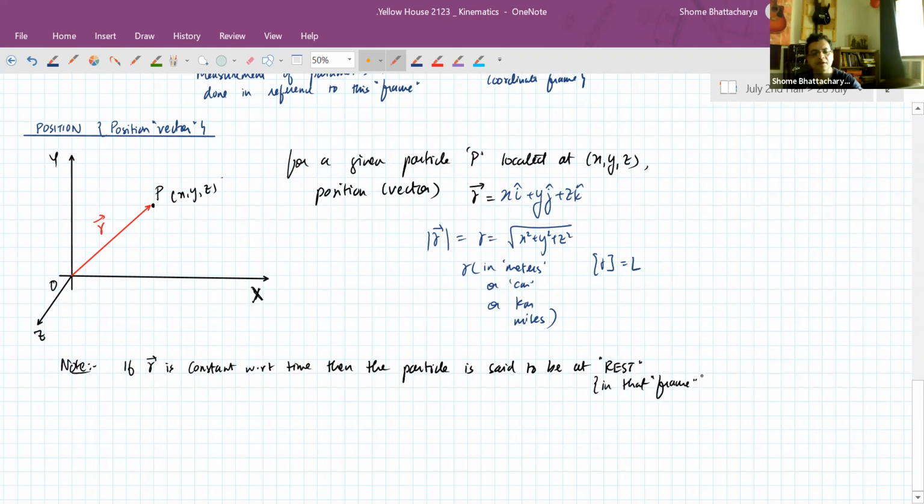So for example, if my reference frame is fixed to the ground, okay, that is the surface of the earth, and in my reference frame a particle is not moving, then I can only say it's at rest in my frame. Somebody else might be standing on the moon or might be orbiting the earth in a spacecraft, and in their reference frame, obviously that particle is not at rest because the surface of the earth is moving. So even rest and motion are relative terms.